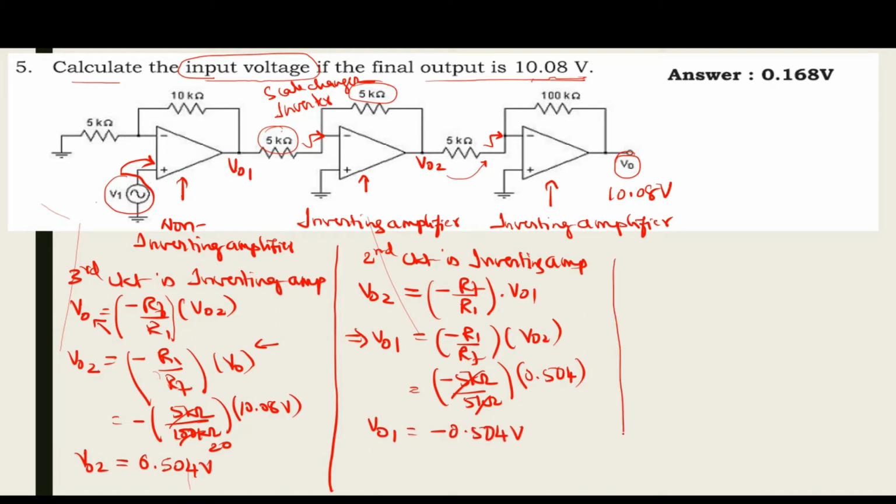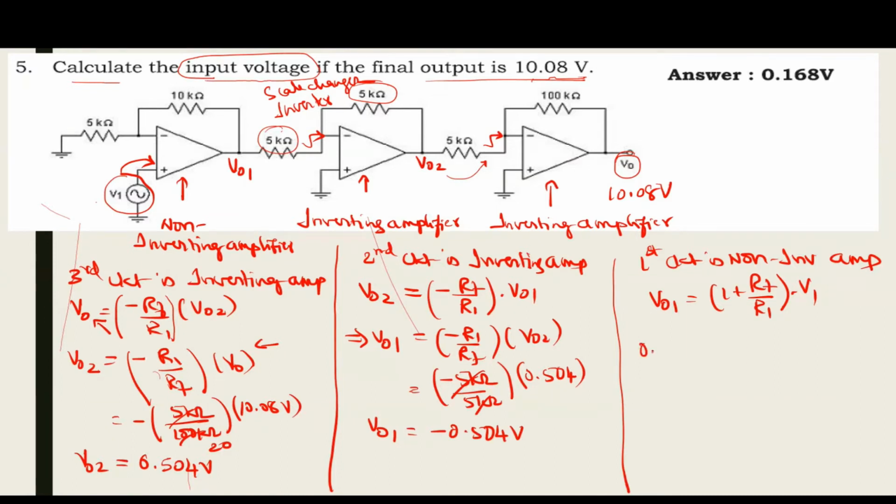This is VO1. Now we are coming to the first circuit. The first circuit is a non-inverting amplifier, that is VO1 will be equal to 1 plus RF by R1 into V1. I don't know V1. If I substitute and then find the formula, it becomes tedious.